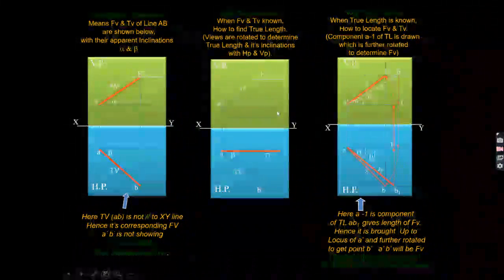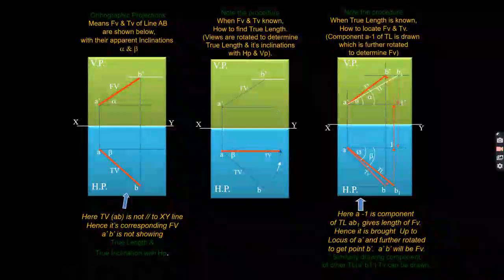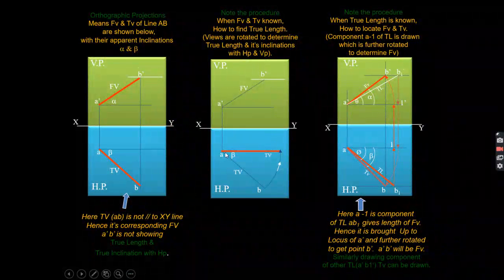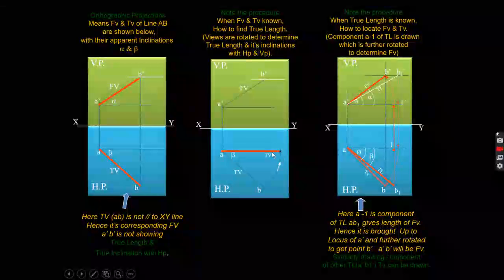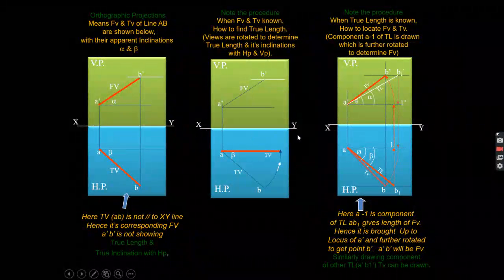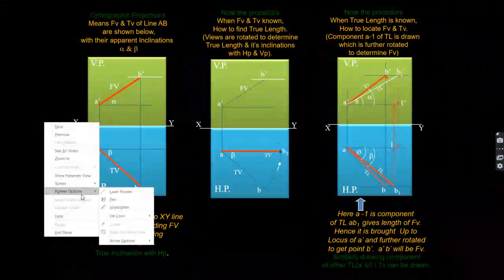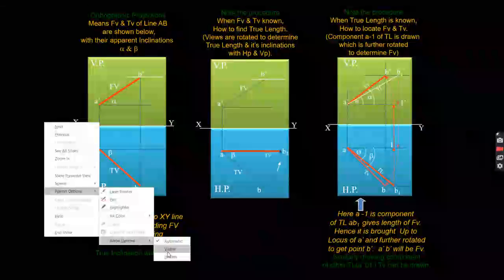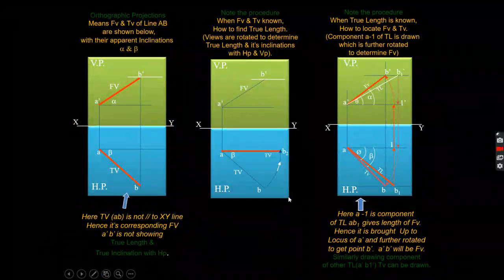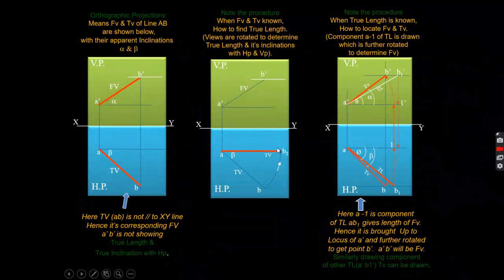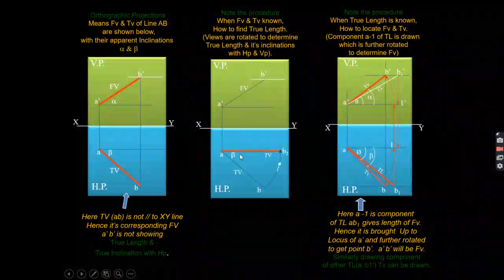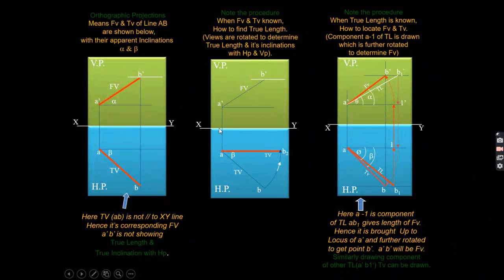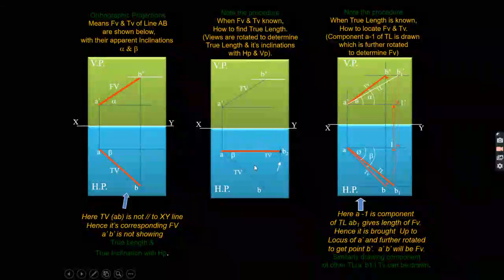Okay, so I will rotate this line and make it parallel to the line XY. See, so basically what you are doing here is you are making the line parallel to the XY line. Means now this line is parallel to the vertical plane.